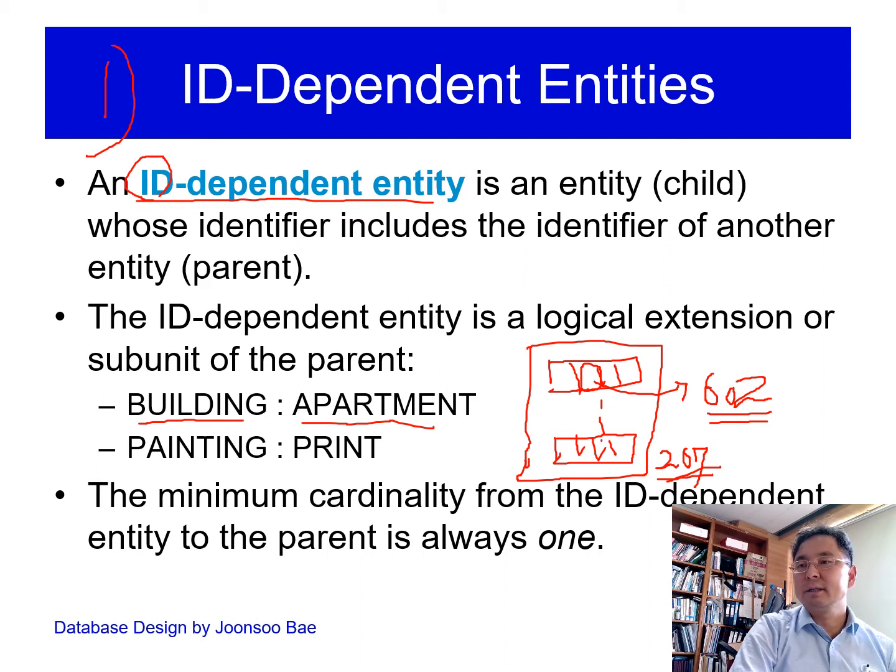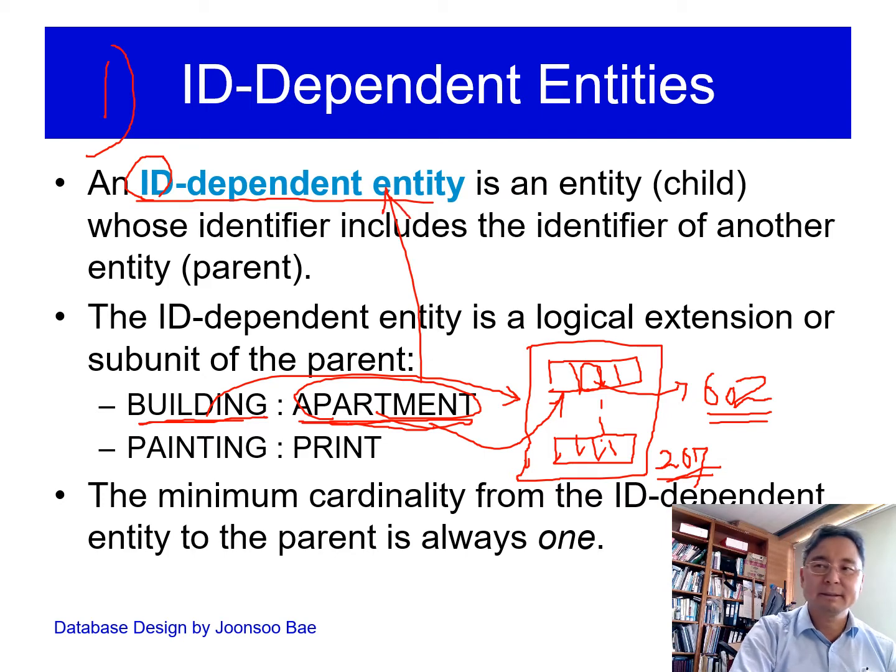So this is the building, and the apartment is an individual apartment. In order to identify this apartment, we need this building number. In this situation, this apartment is an ID dependent entity. Can you understand?